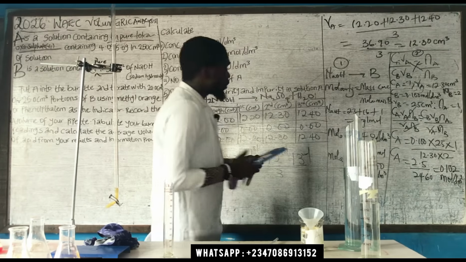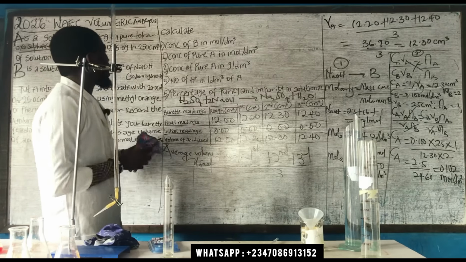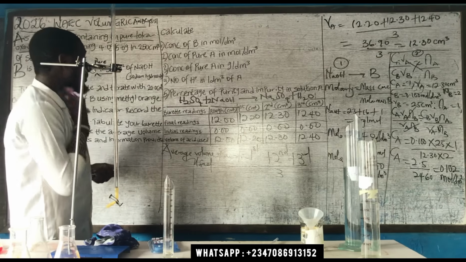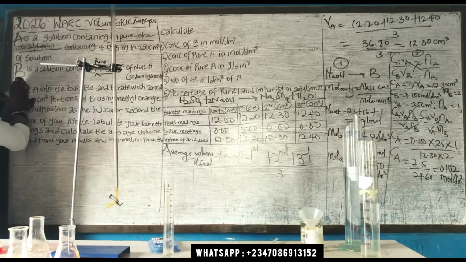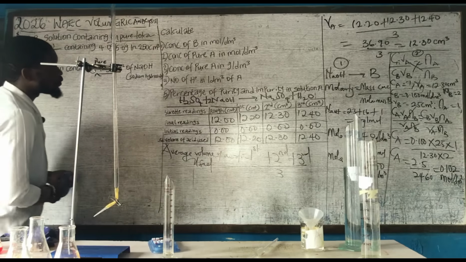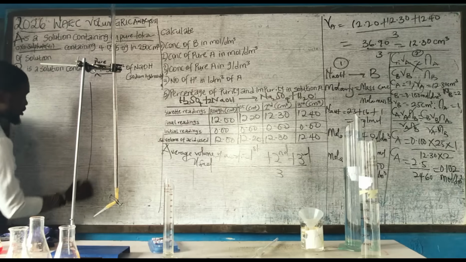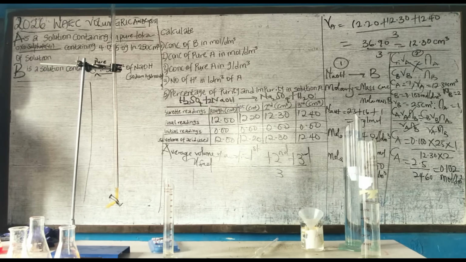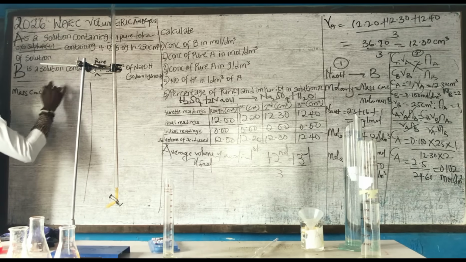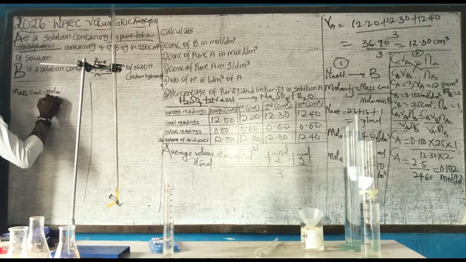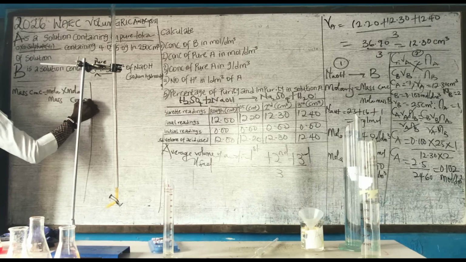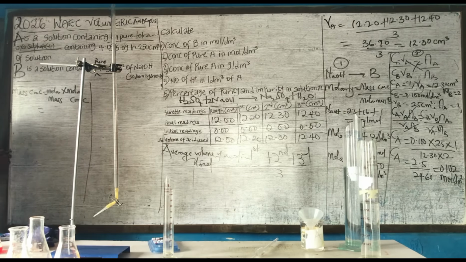Now that we are done with the first and the second calculation, they asked for the concentration of A in gram per dm cube. So guys, I'm going to clean these parts. For the concentration of A in gram per dm cube, we have mass concentration equal to molar mass multiplied by molar concentration. Now, what is the molar mass of sulfuric acid?